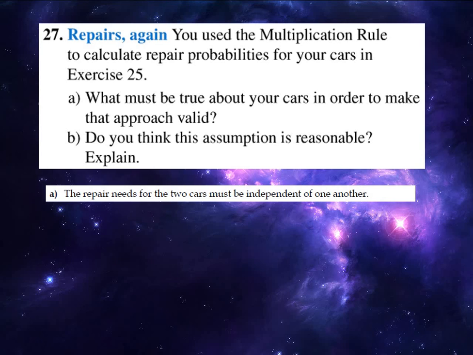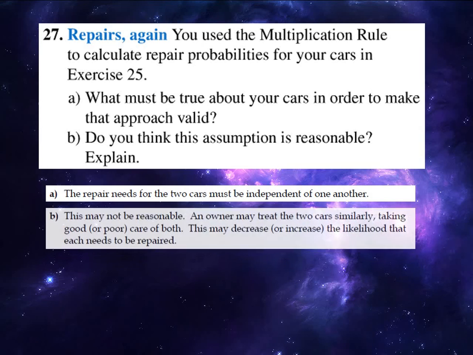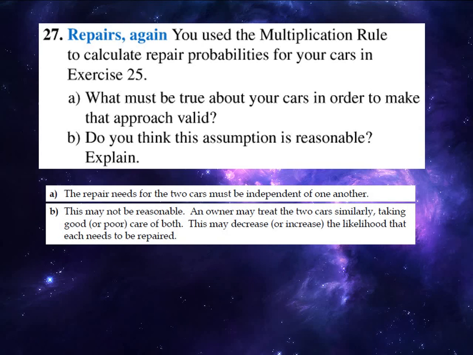Now, you getting sick compared to somebody in Vermont getting sick, those probably are independent events. There's nothing linking those. But one owner, 2 cars, that links them together. So it is not necessarily reasonable for that to work.